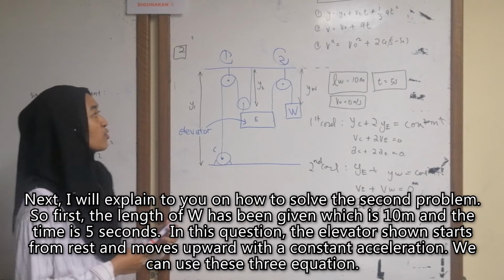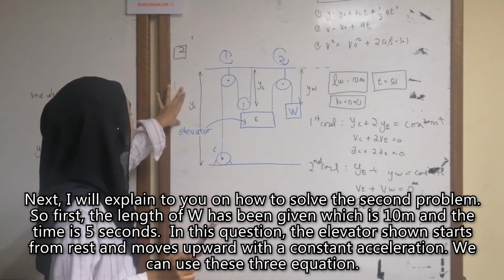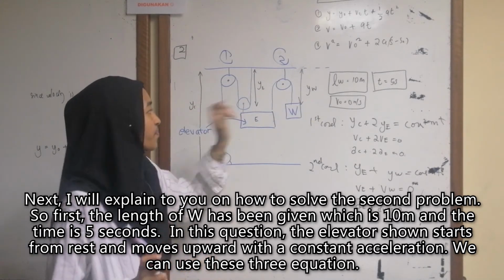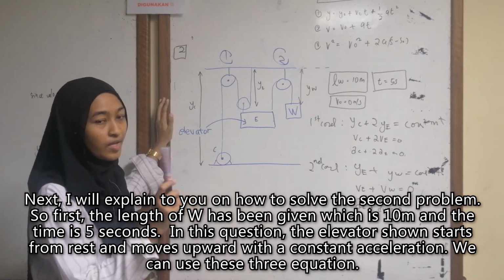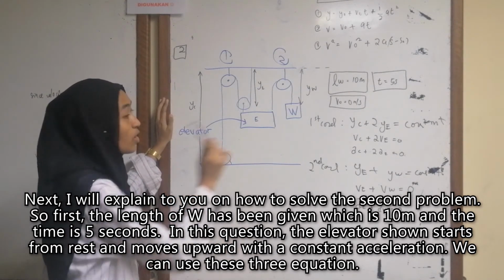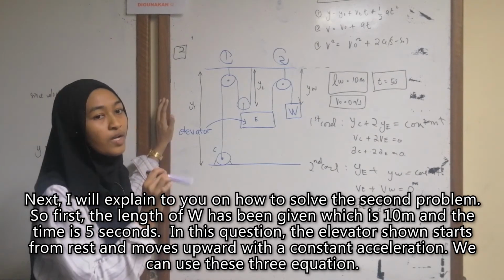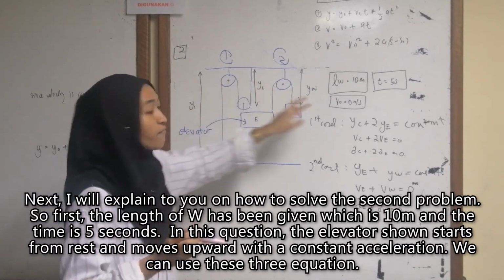Next, I will explain to you how to solve this second problem. First, in this question, the distance of W is given, which is 10 meters, and the time is given, 5 seconds. Also in this question, it says that the elevator starts at rest and moves upwards, which means acceleration is constant.